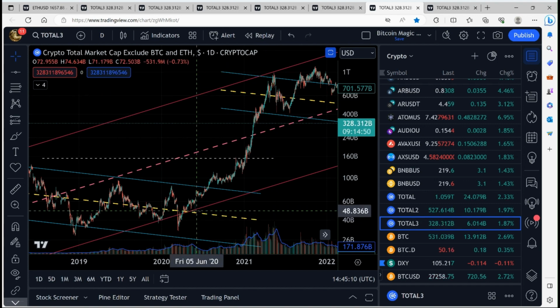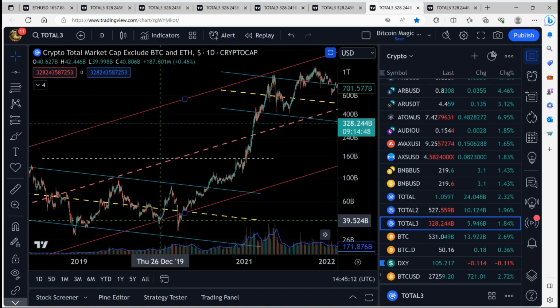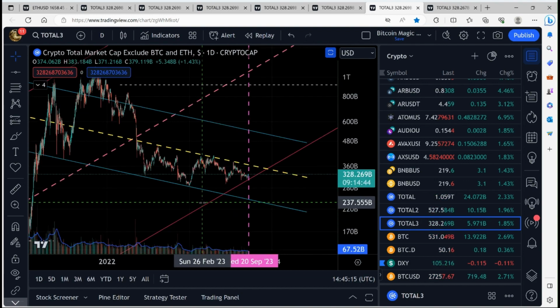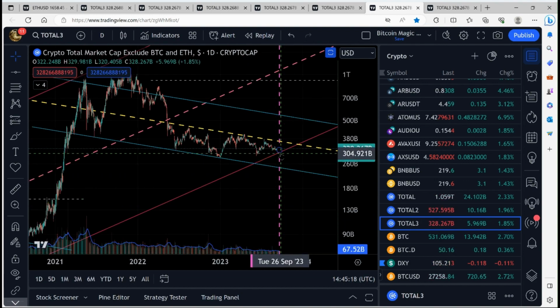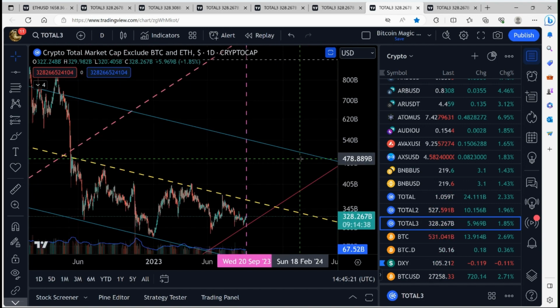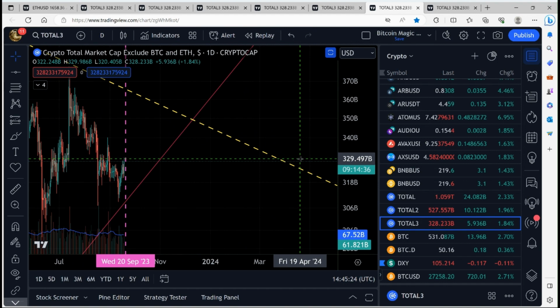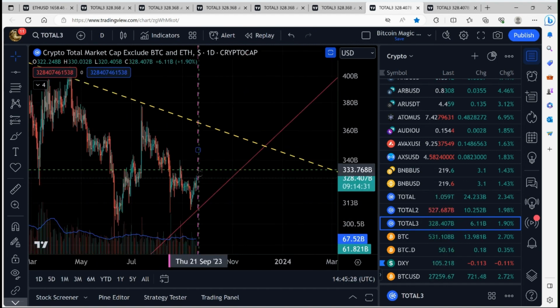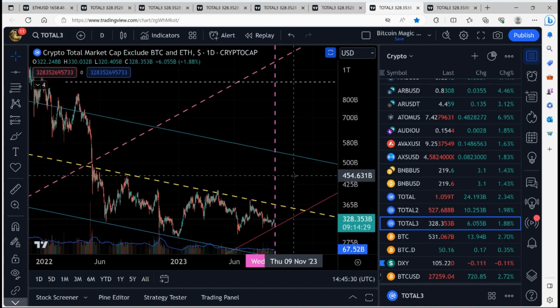It also hits right here, where we currently are. We've come right down to it, and my line is in the way, my pink FOMC line. You can see we come right down to it and bounce off of it, as would be expected.